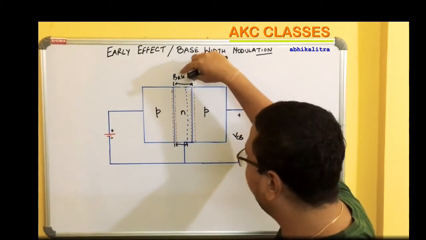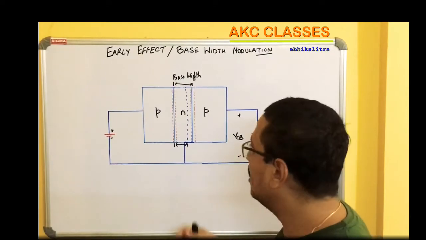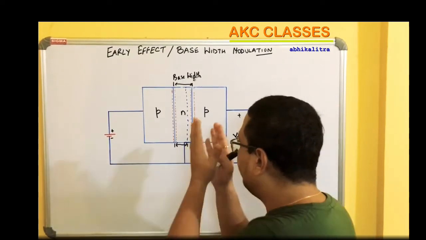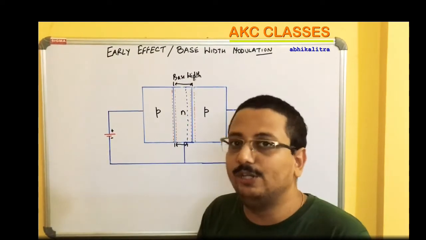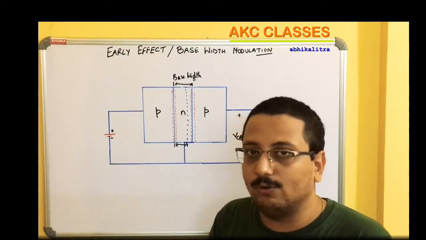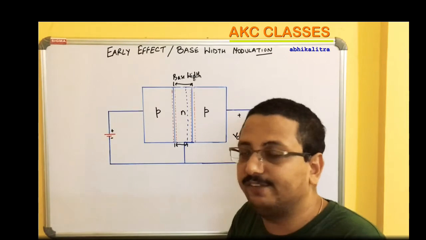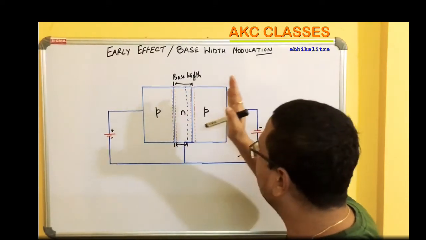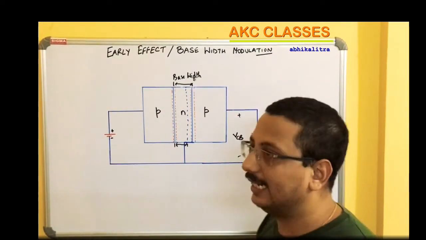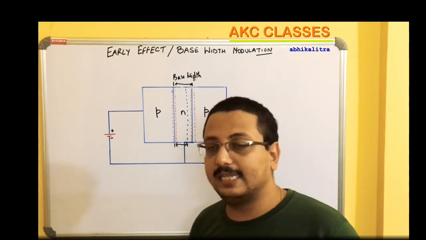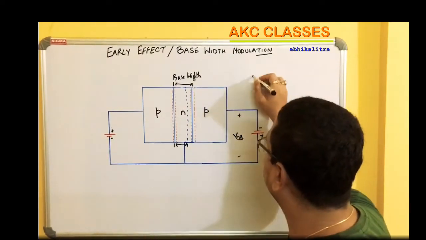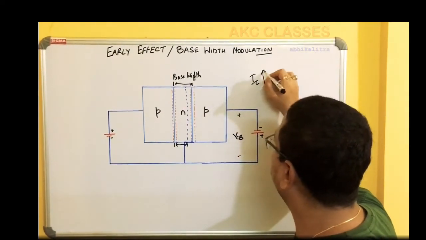But now, since the effective base width has been reduced, the number of holes that can recombine with the electrons also reduces, and the excess holes which are not combining with the electrons due to the reduced effective base width are also crossing this depletion region and reaching the collector section. Due to this, the collector current, the IC current, increases rapidly.